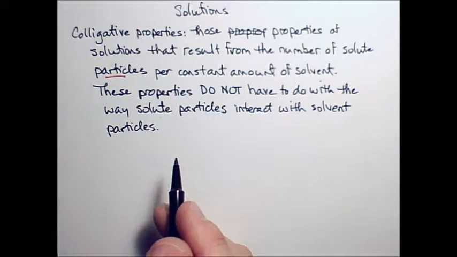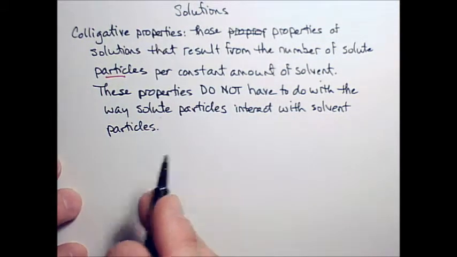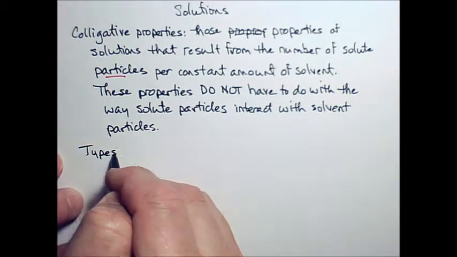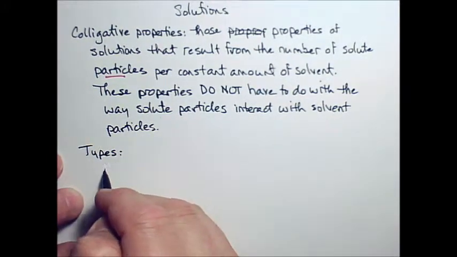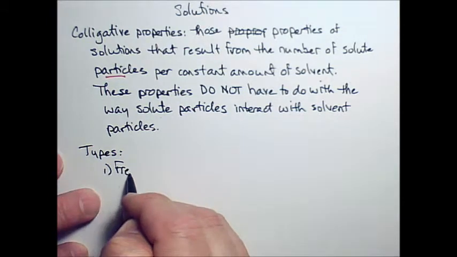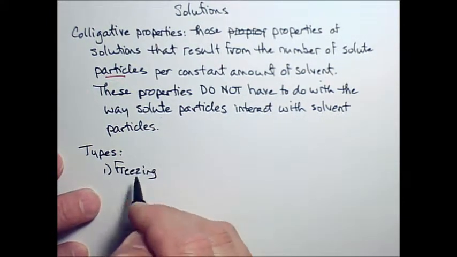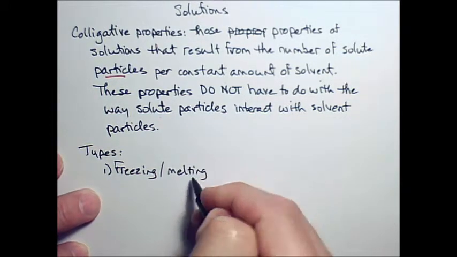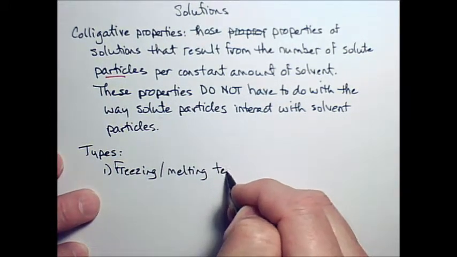All right, the types of colligative properties we're going to learn about in this unit are freezing and melting temperature.